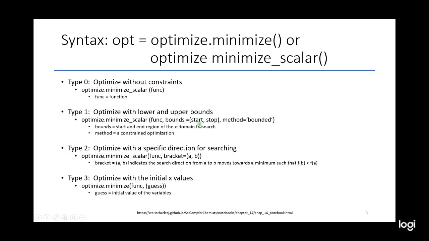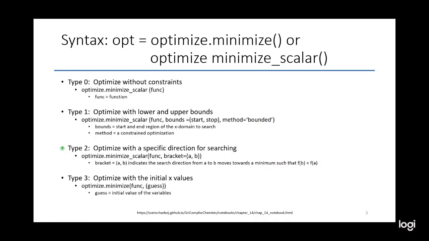Here, the bounds specify the starting and ending values of the x domain to search. Setting method equal to bounded applies a constrained optimization approach, which means that the optimization is restricted to a certain region, in this case the upper and lower bounds of the x domain.